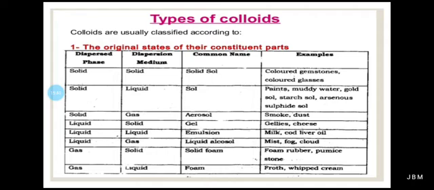Liquid in gas is called a liquid aerosol, that includes fog, clouds, mist. Gas in solid is a solid foam, that will include foam, rubber, sponge, pumice. Lastly, gas in liquid is also called foam, that will include froth and whipped cream. So these are common examples of colloids.